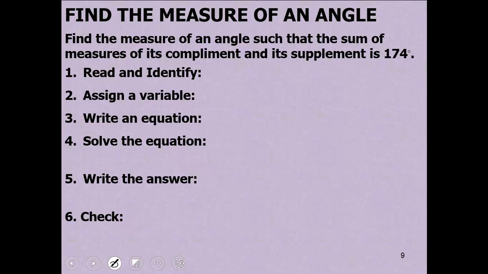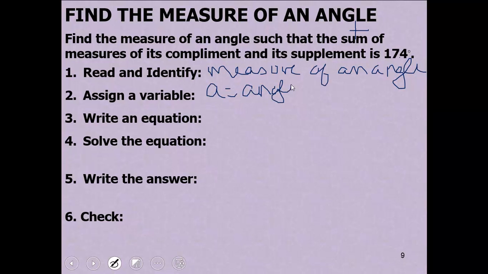Find the measure of an angle such that the sum of the measure of its complement and its supplement equals 174. So we're going to add the complement and the supplement. What are we looking for? The measure of an angle. So we're going to let A equal the angle.